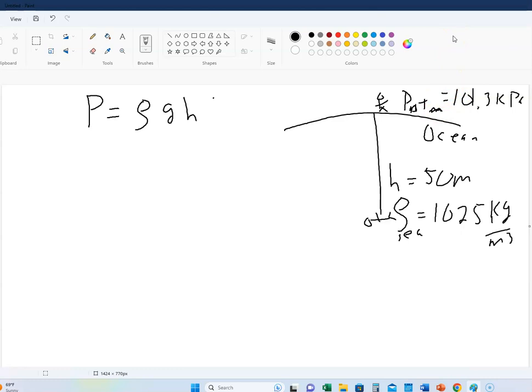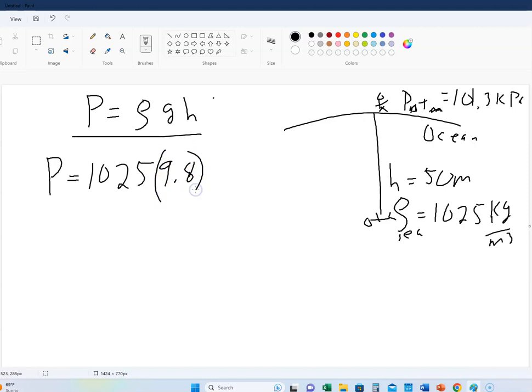All right, so we're going to use this equation right here. The pressure, which technically is called the gauge pressure, is going to equal the density of the seawater, which is 1,025 kilograms per cubic meter, times the acceleration due to gravity on the surface of the Earth, which is always 9.8. I'm going to leave the units off.